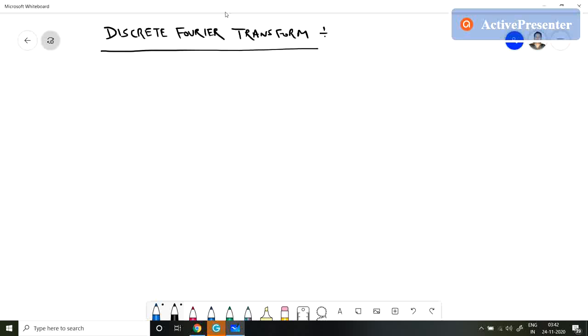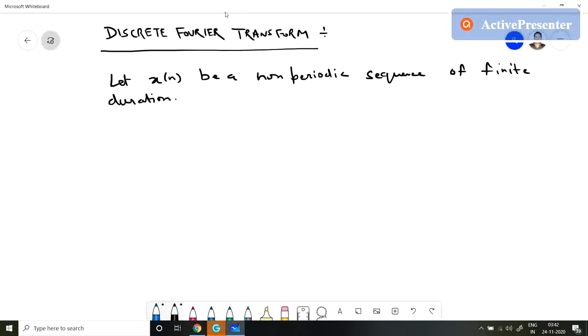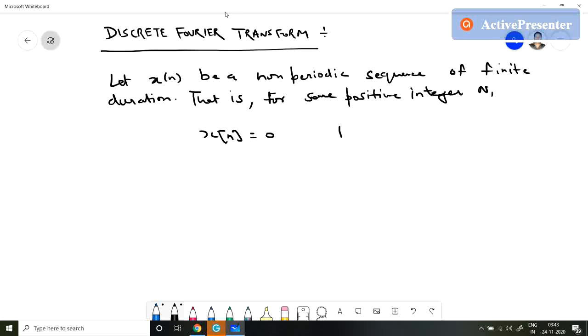Let xn be a non-periodic sequence of finite duration, that is, for some positive integer n1, xn is equal to 0 when modulus of n is greater than n1.